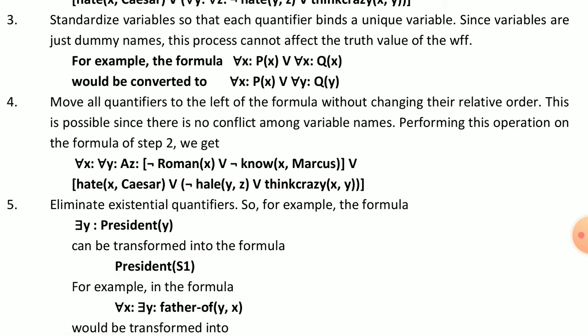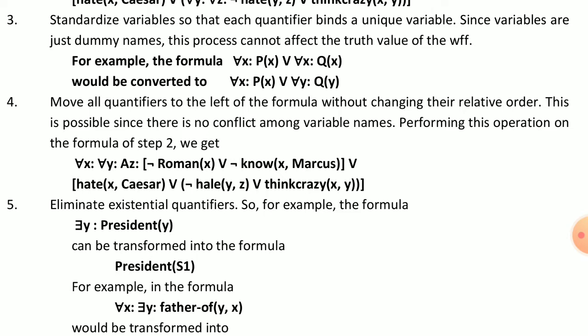Now the third step: standardize variables so that each quantifier binds a unique variable. Since variables are just dummy names, this process cannot affect the truth value of the well-formed formula.